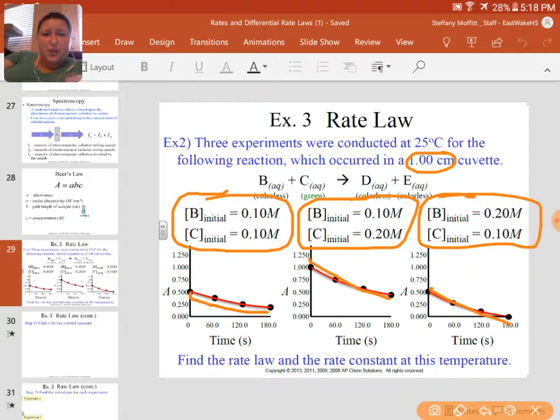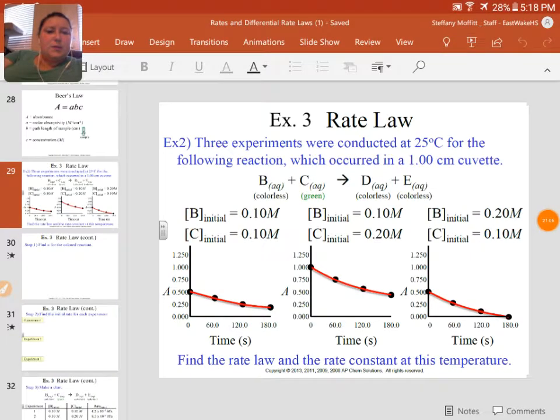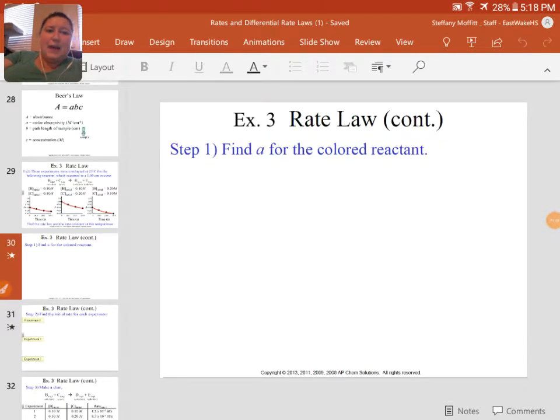So the first thing that we need to do for this is find little a for the colored reactant.